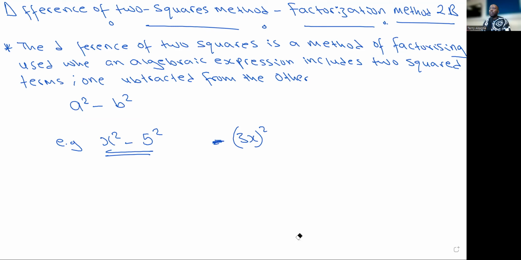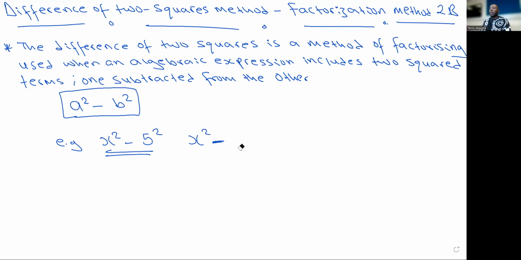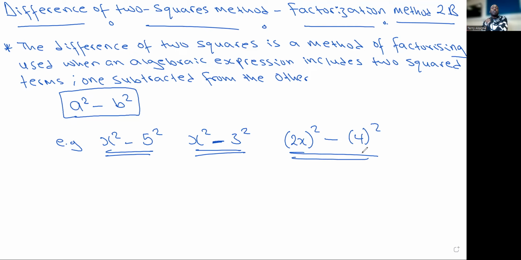Yep, so it's x squared minus 3 squared, okay? Or we can have 2x all squared minus 4 squared. So all this, you can see, they're all differences of two squares.